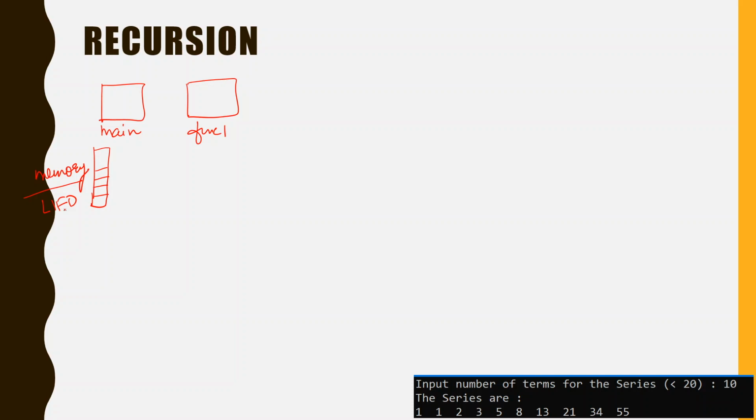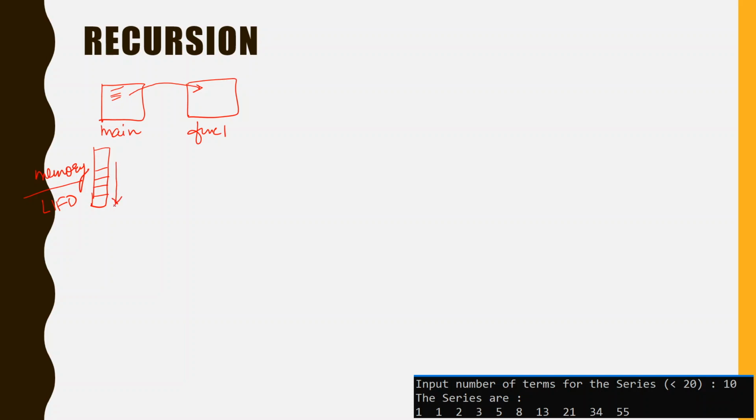So this is kind of a stack of plates, where the plate that you keep on the top, you will be able to take from the top. You cannot take directly the plate at the bottom. Whenever the control transfers from one function to another function, the record of the previous values of the variables is stored in the stack.